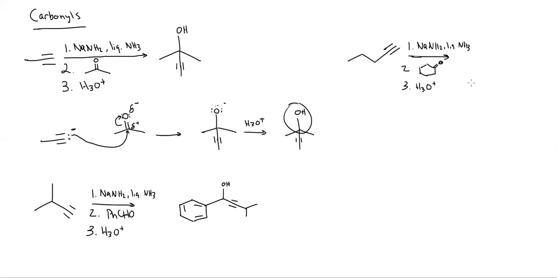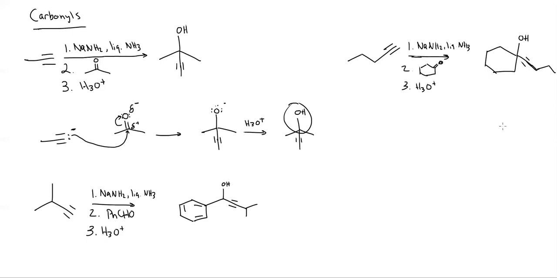Again, I take my ketone, or my carbonyl group, and it becomes an OH. And then I just add my alkyne. So this is 1, 2, 3, 4, 5 carbons. So this is my product.